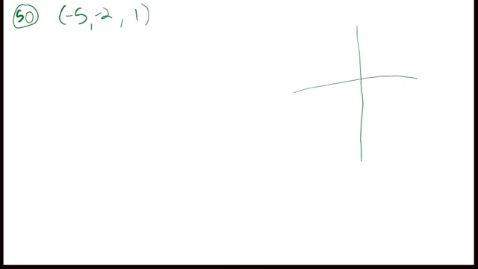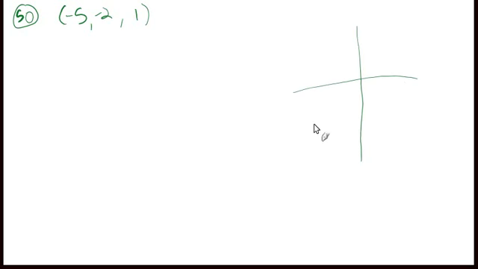Alright, let's do one more. Last problem on practice problems. Number 50. They're just going to give us -5, -2, and 1. They're just going to give us a point in three-dimensional space. If we can remember our axes here, those are on the paper, and this one goes through the paper.